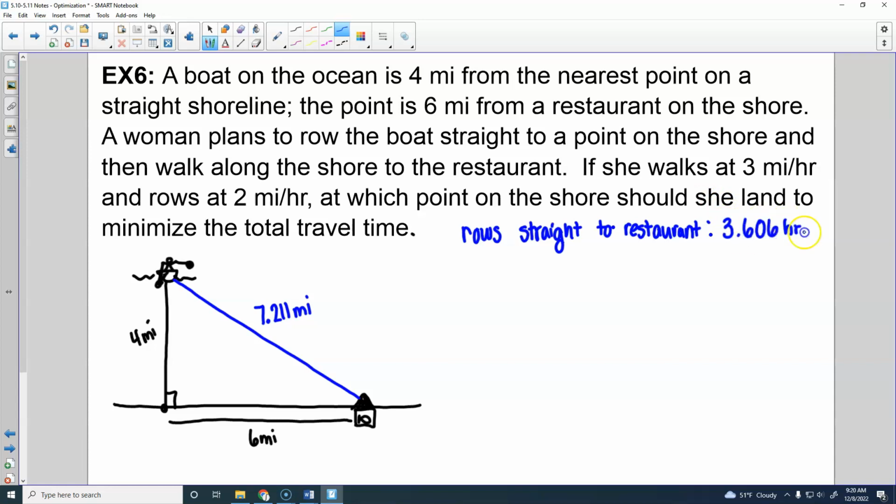That's a lot of rowing. She's going to be hungry by the time she makes it to the restaurant. But she did go out 4 miles into the ocean on her rowboat. So perhaps she could just row a little faster. That's her max speed. That's as fast as she can go. Can she do that for 3.5 hours?